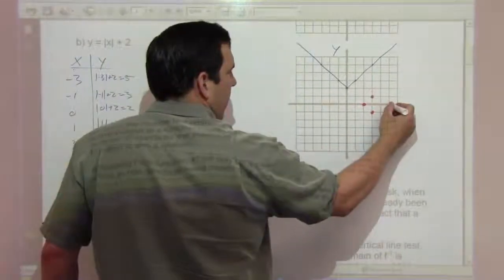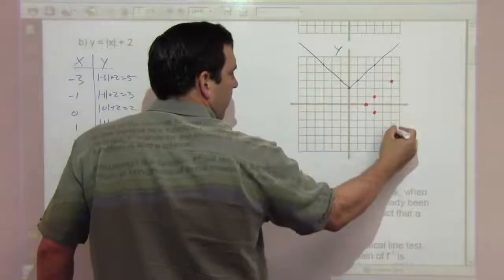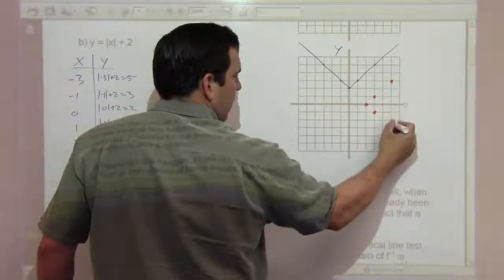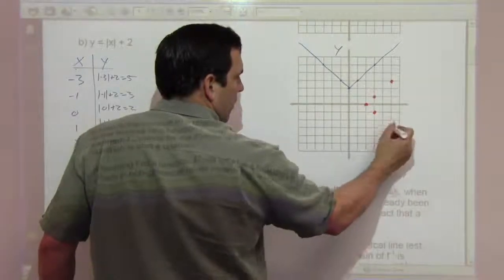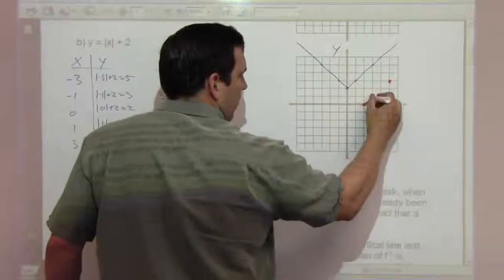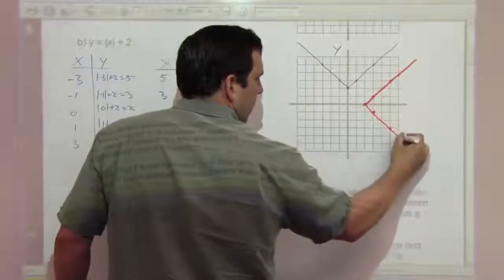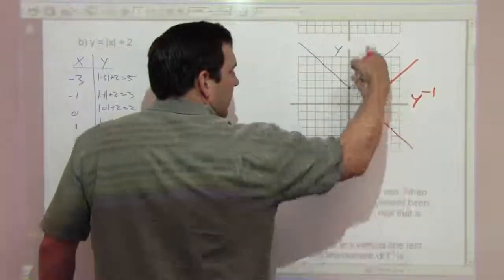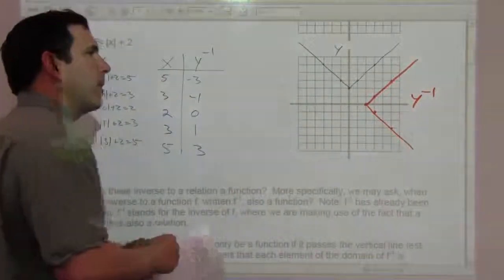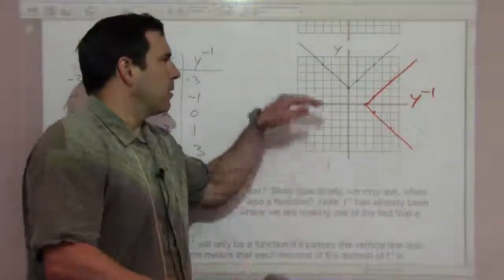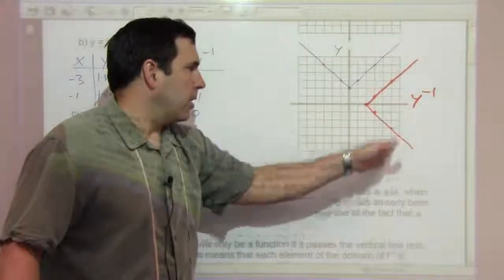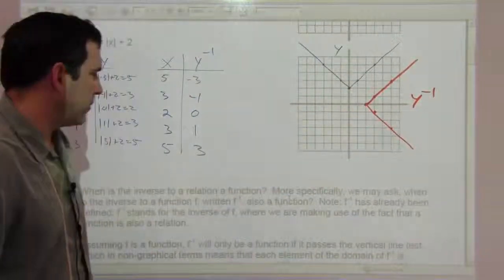And then we have 5, 3, and 5, -3. There. So this is the graph of y inverse here. This is the y inverse graph. This is the original function graph. Now, the original is a function, by the vertical line test, but the inverse is not a function.